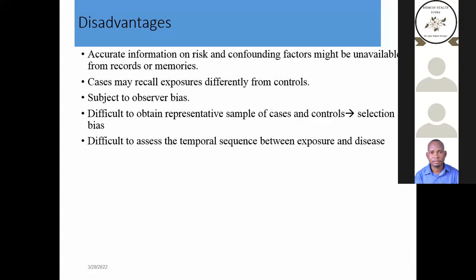There is also a concept of bias. It's also difficult to obtain representative samples of cases and controls. That's bias again. It's difficult to assess the temporal sequence between exposures and the disease.